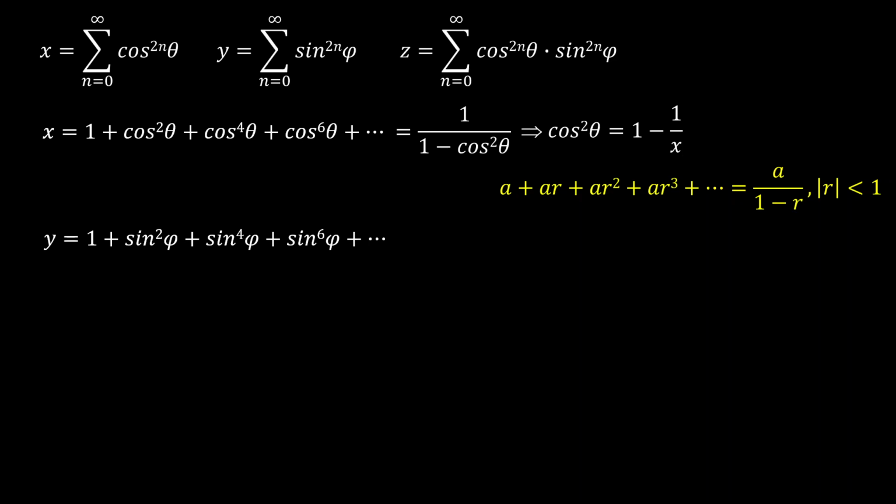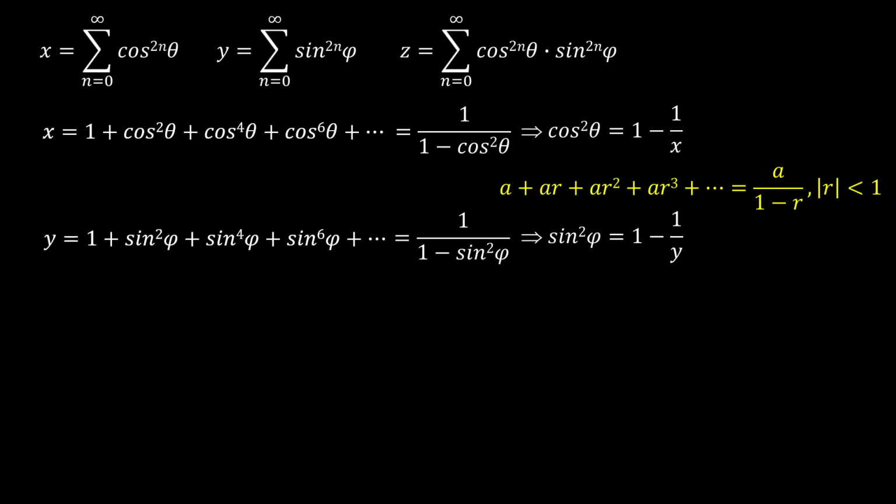Here phi is also lying between 0 and pi by 2, so the value of sine phi is also lying between 0 and 1, which means the magnitude of the common ratio is less than 1. So the sum of infinite terms in GP is 1 over 1 minus sine square phi. Now this will give the expression for sine square phi, which is 1 minus 1 over y.